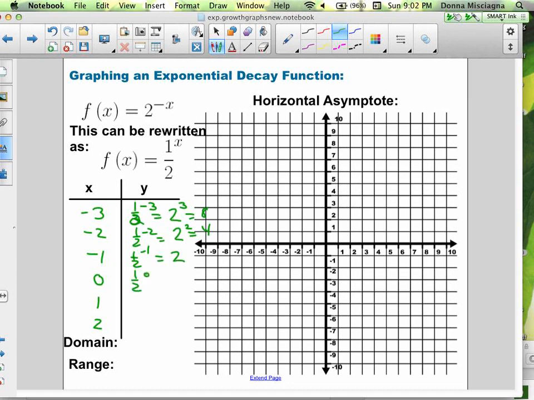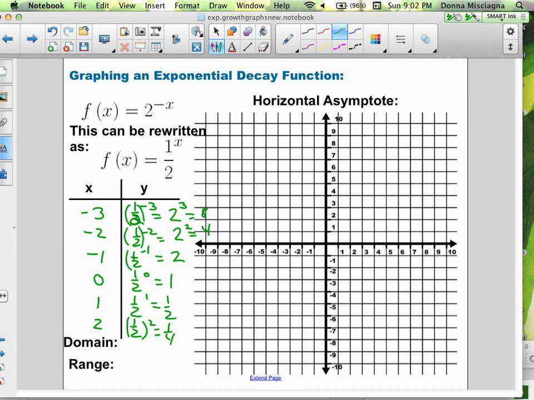Anything to the 0 power is 1. 1/2 to the first power is 1/2. And 1/2 squared is 1/4. I decided to use parentheses for some reason on the last one. We'll all use parentheses.